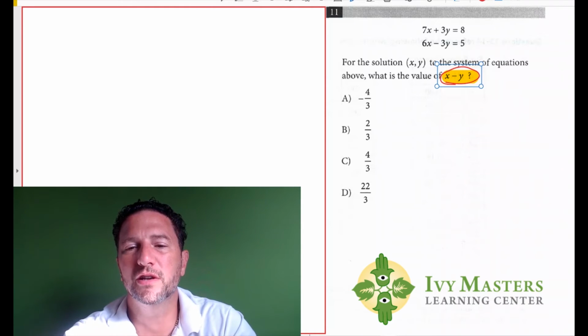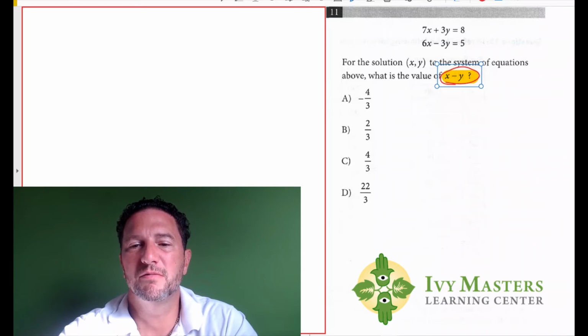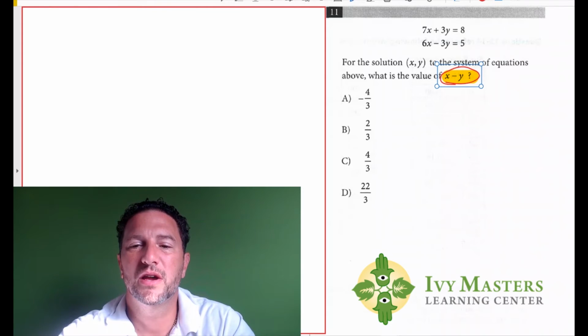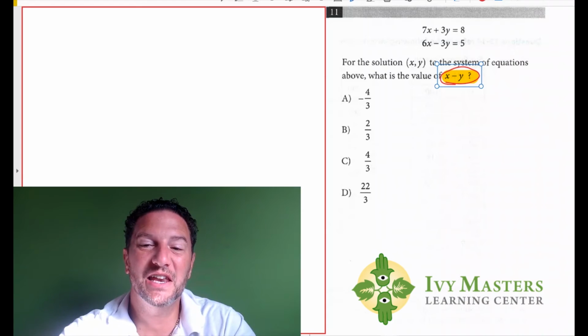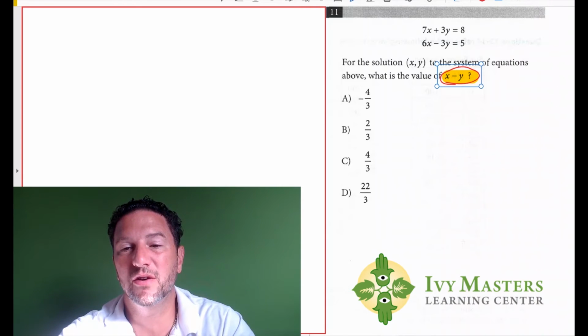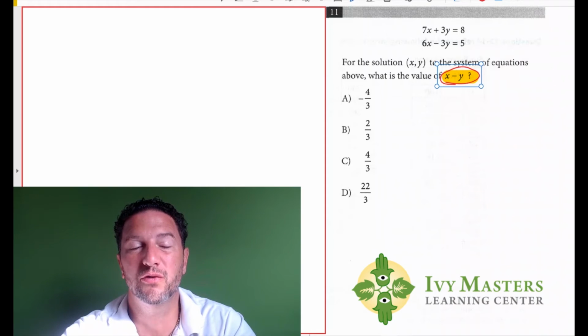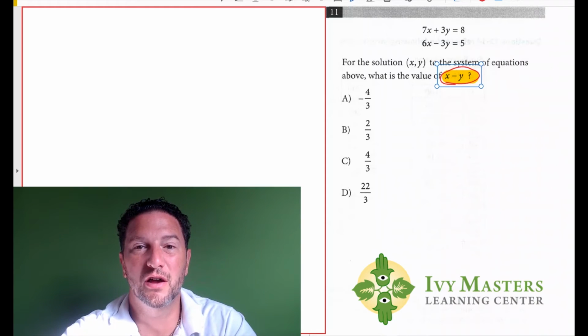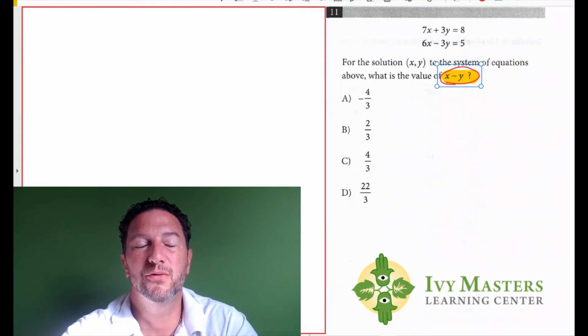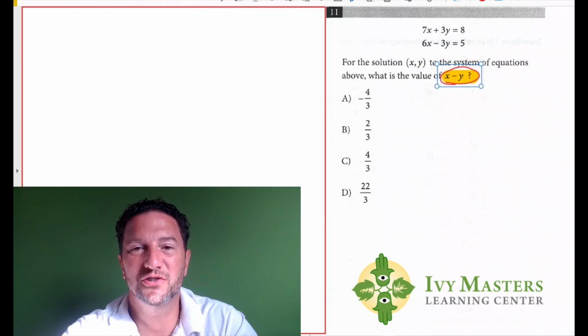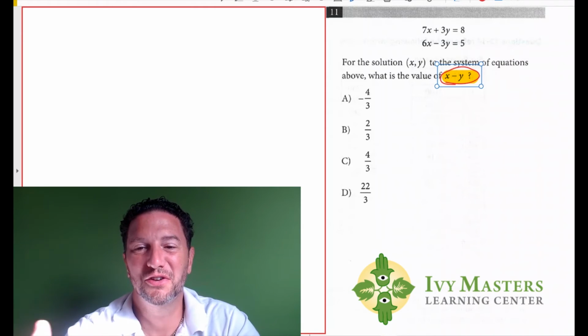So what I'm first going to look to do is I see that 7x minus 6x is x, and then I'm going to see if I subtract 3y minus negative 3y, will I get negative y? In which case I'm done without solving for x, without solving for y. I would literally just solve for x minus y. Unfortunately, this question does not operate that way.